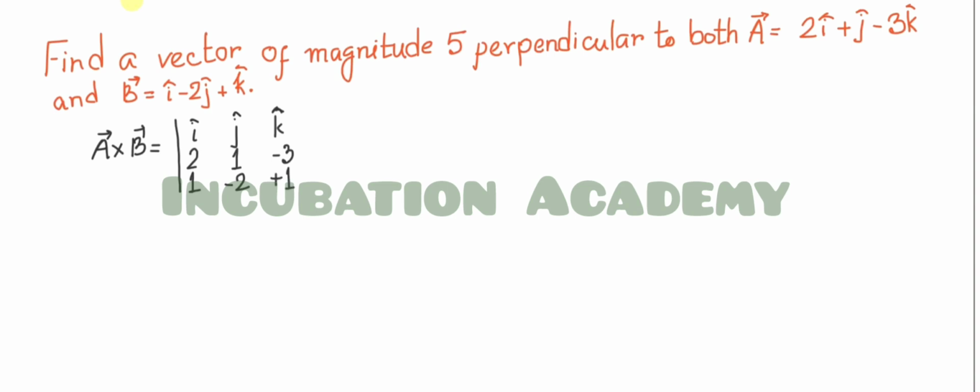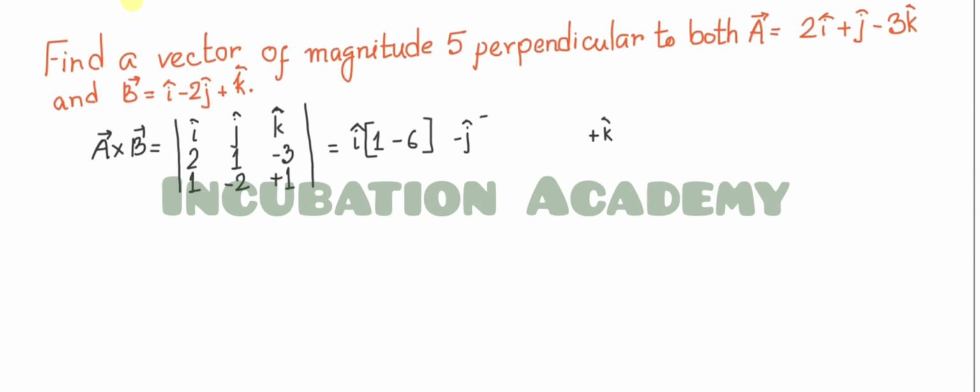So this is the determinant: i cap minus of j cap plus of k cap. The i cap is 1 into plus 1, that is 1, minus 2 into minus 3, that means plus 6, so it becomes 1 minus 6.